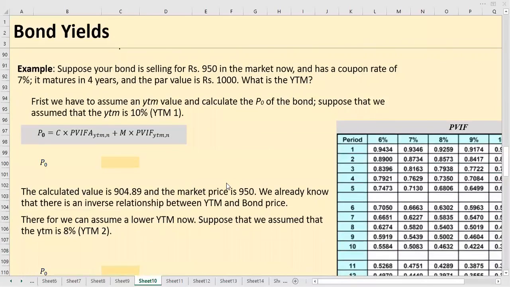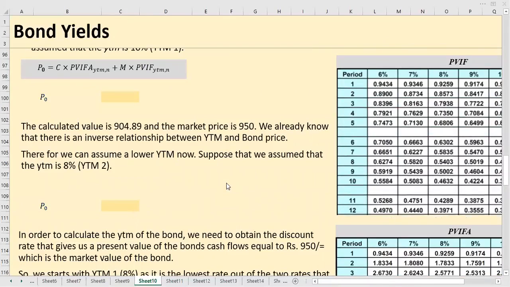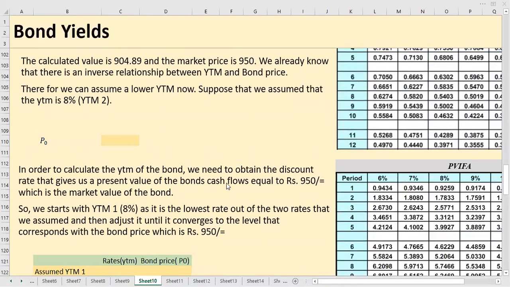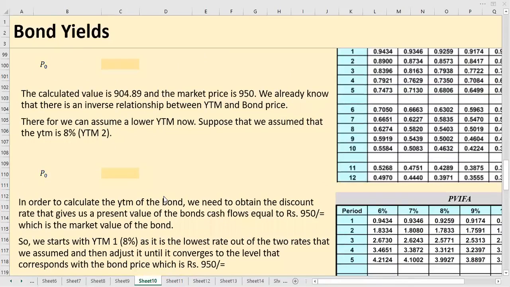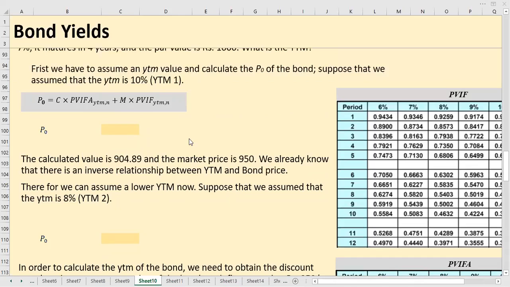Using this trial and error method, we are going to estimate the exact required rate of return that corresponds to the market value. You will understand this process when we are dealing with this sum.